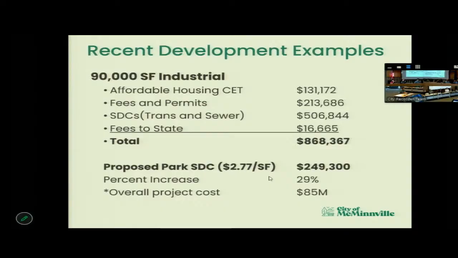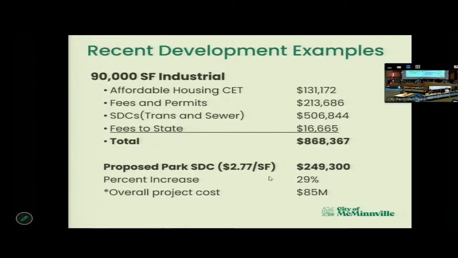Could you give us a history lesson on how we paid for the parks that we currently have? So I can't do it for all the way back, but in '98, when the last parks master plan was done, there were SDCs that were adopted for the increase at that time. That council chose to only implement 50% of the total SDC methodology.